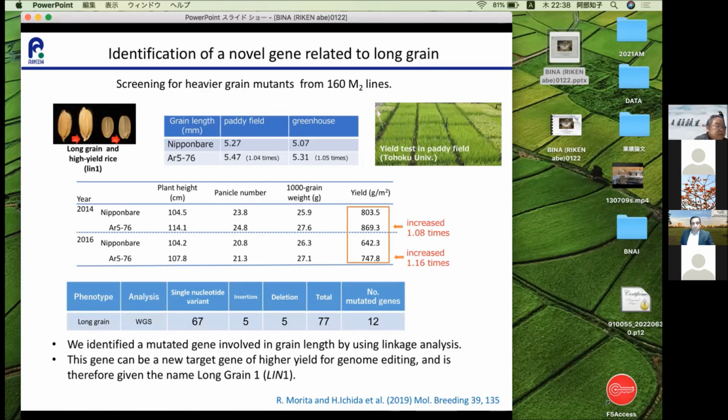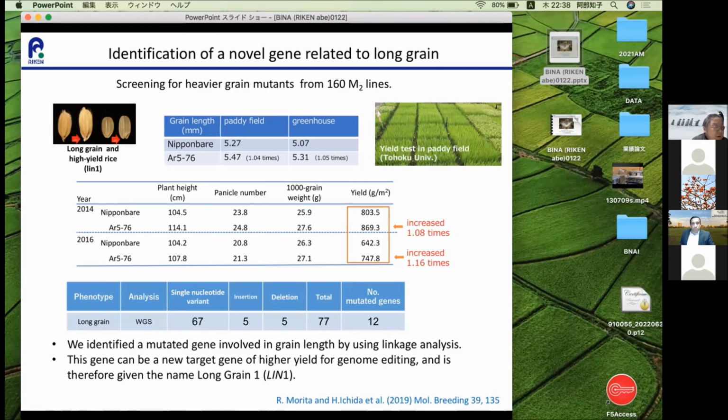Argon 576 line with increased grain weight was selected from 160 M2 lines. Based on a yield test for 2 years, we observed an 8 to 16% yield increase in the mutant plant when compared with that of the wild type.